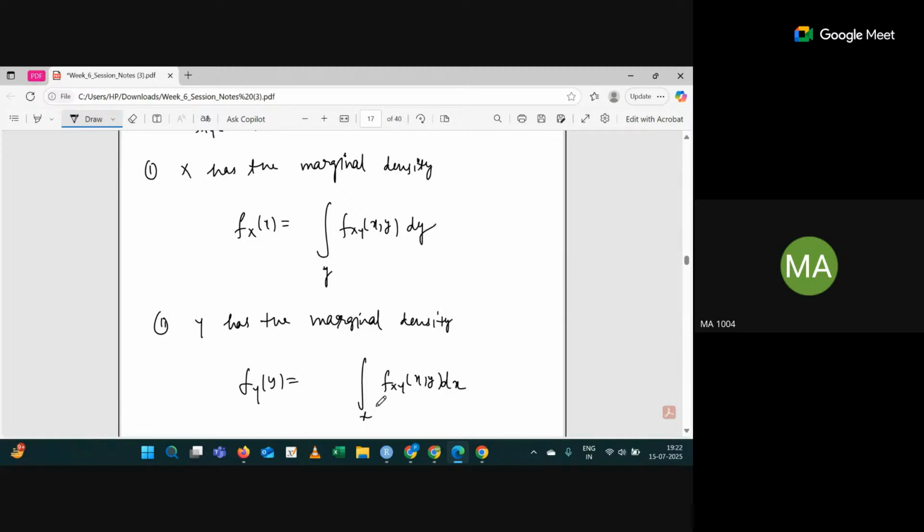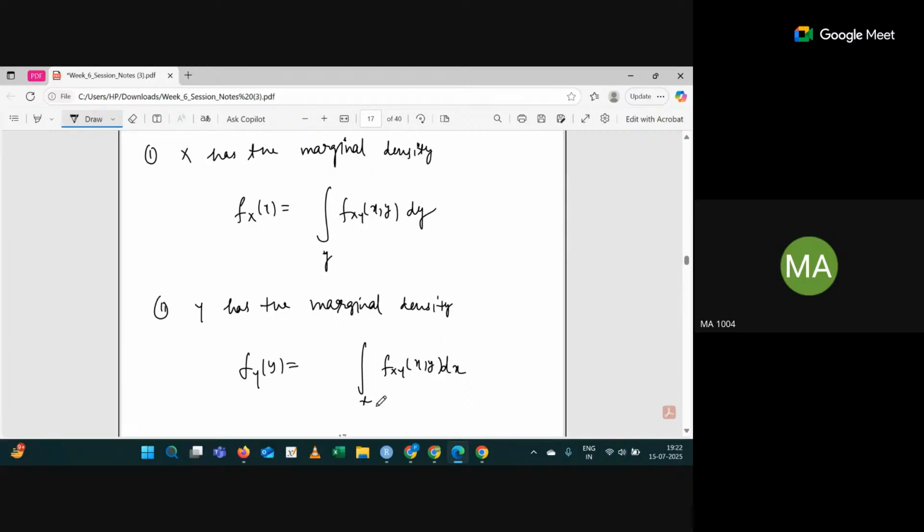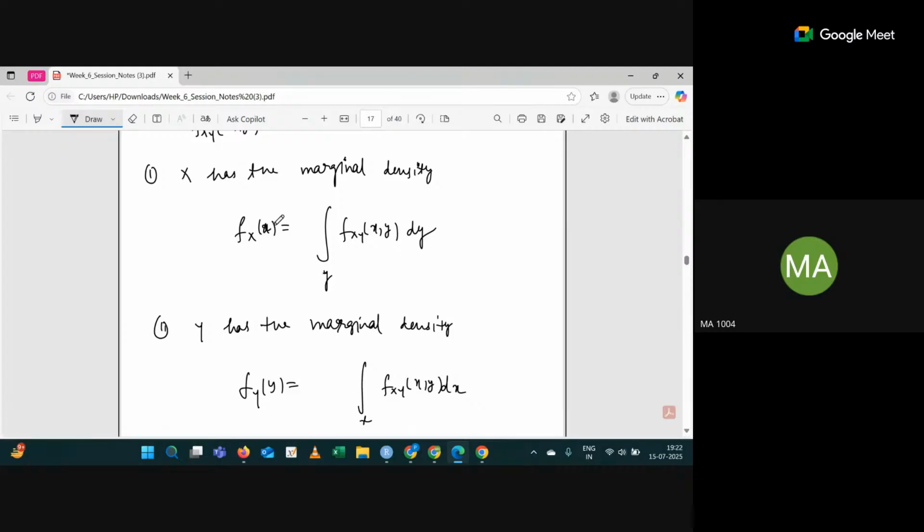So whenever you are given the joint density, if you integrate with respect to x, you get the marginal of y, and if you integrate with respect to y, you get the marginal density of x. Is this clear? Yes, in the first equation this is f_X(x).